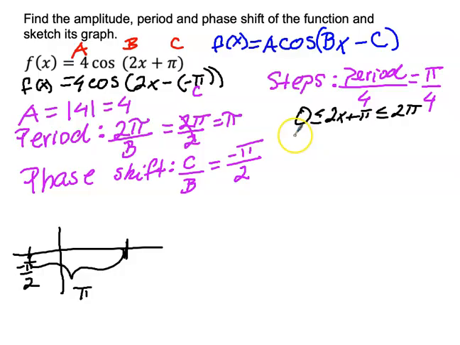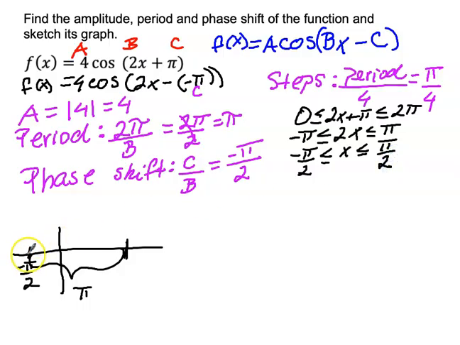So subtract pi from all those parts, we get 2x is between negative pi and pi. Now we're gonna divide by 2, so we get negative pi over 2 is less or equal x, and that is less or equal pi over 2. Now this will tell us that my graph starts at negative pi over 2 and it ends at pi over 2, and between we're gonna have different sections of the graph.